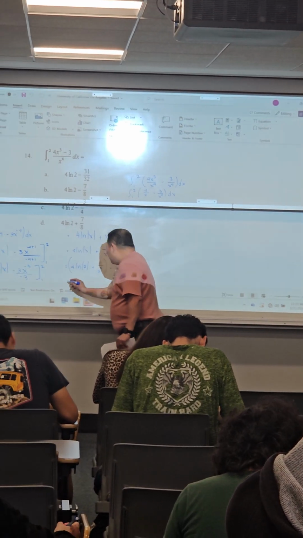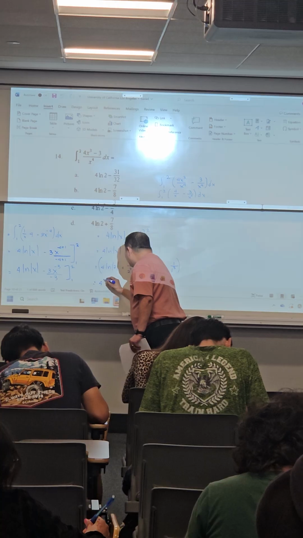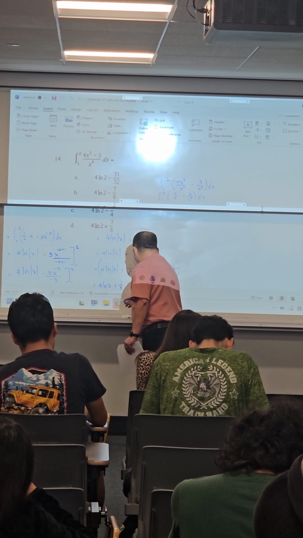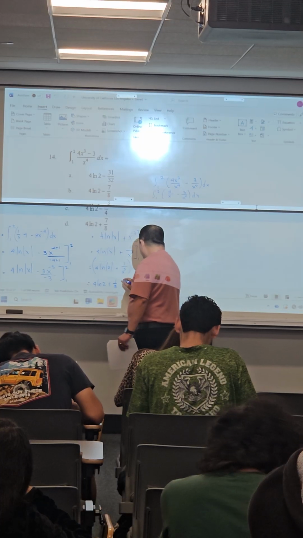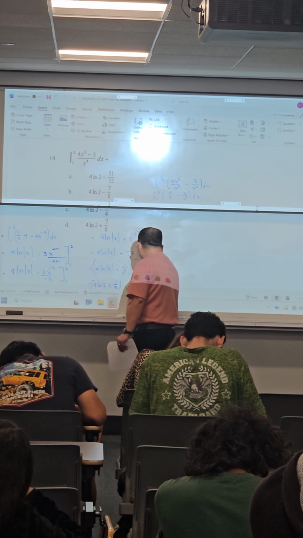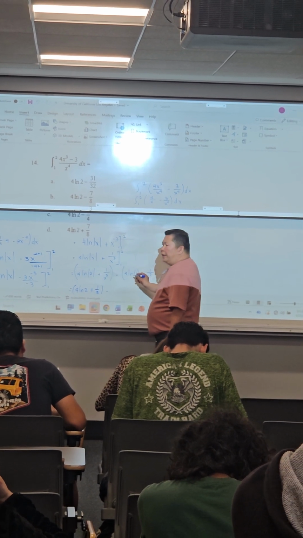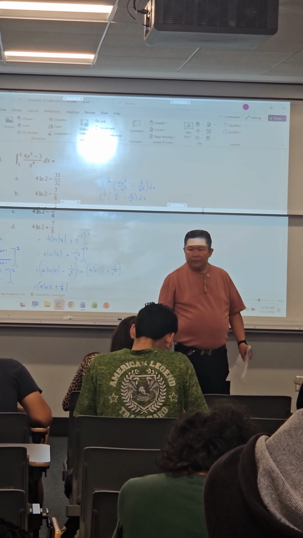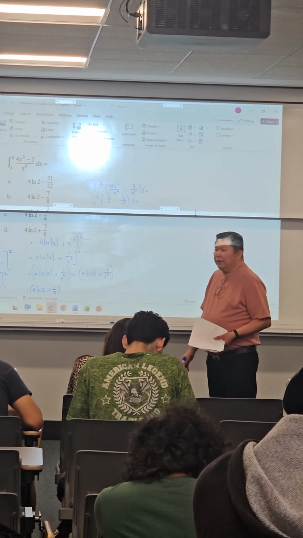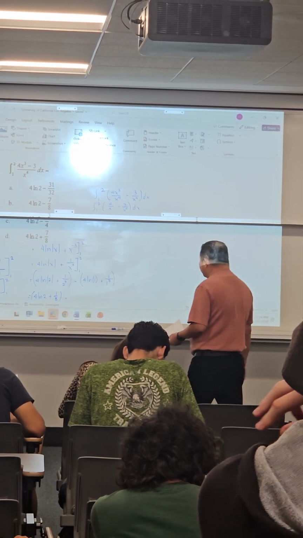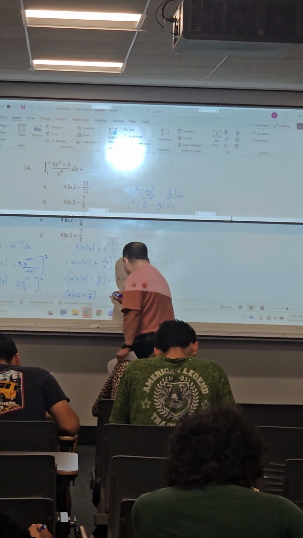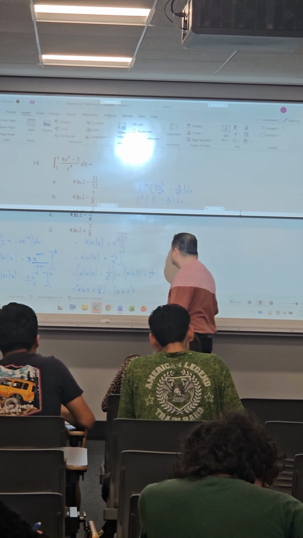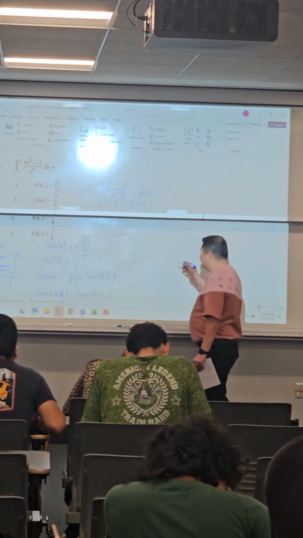So this is now 4 ln 2 plus 1 over 8, and then minus, what is ln 1? Anybody? ln 1 is 0. Very good. Plus 1. Okay?